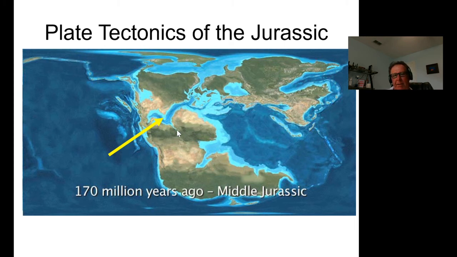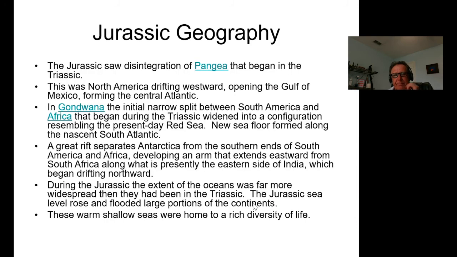This is South America and Africa, but right sandwiched in here, prior to the breakup, there was a little piece of land here called Florida. And when this breakup occurred, following the large eruptions in the Triassic, Florida was left behind and attached to North America. So during the Jurassic, we started to see Pangaea begin to break apart.